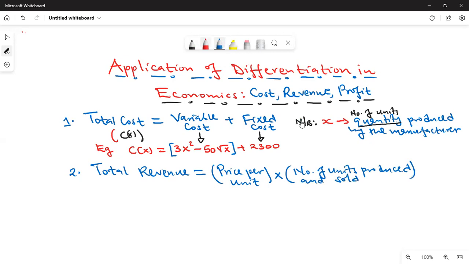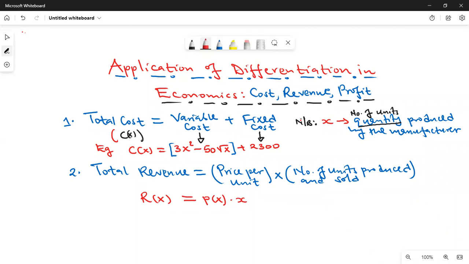So we are going to use the function R of X to mean the revenue function, which is equal to price per unit, which we are denoting by P, a function of X, times X, where X is the number of units produced and sold.